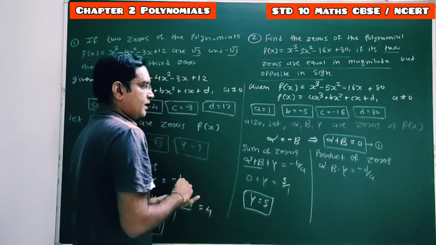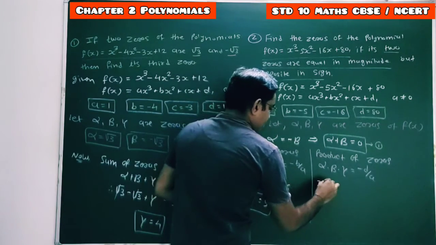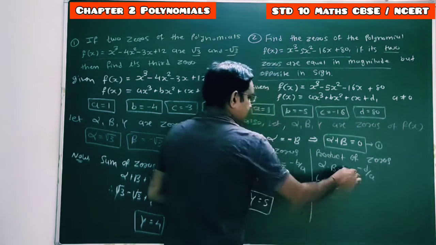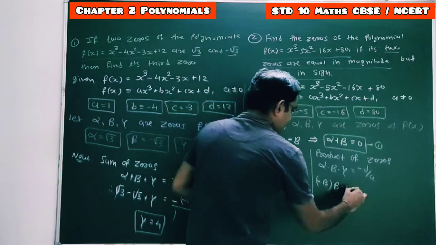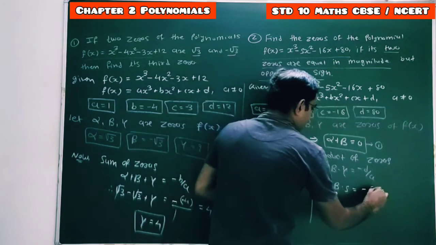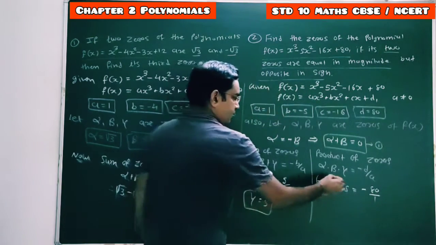What is alpha into beta? Alpha is minus beta. So put alpha equal to minus beta into beta, gamma which is equal to 5. This is equal to minus d. So it's minus of d, 80 by 1. So minus 80.